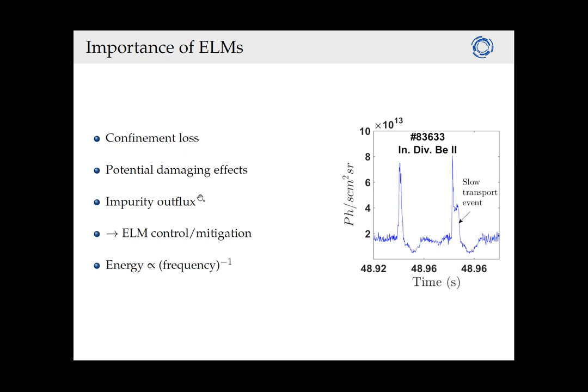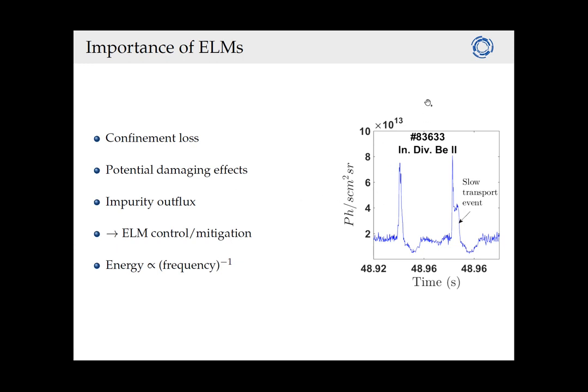On the other hand, there is also a somewhat beneficial effect in that the ELMs might help in flushing impurities, which are heavier ions, heavier than the hydrogen, from the plasma, which otherwise lead to a degraded performance of the plasma.